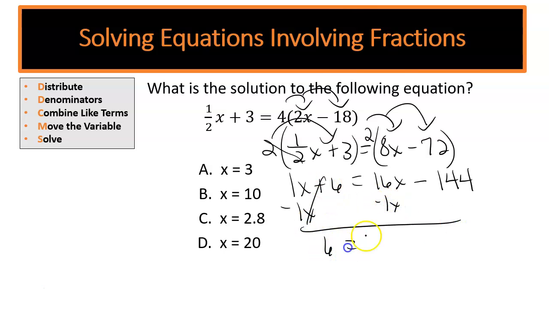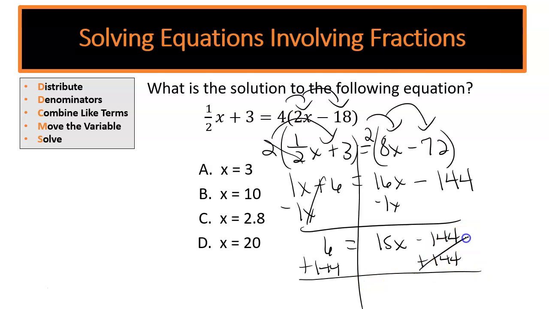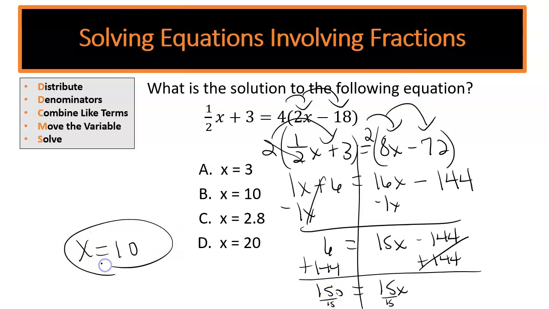So I get 6 equals 16x minus 1x is 15x minus 144. Add 144 on both sides. Get 15x equals 150. Divide by 15, and this time it does come out to a whole number. X equals 10.